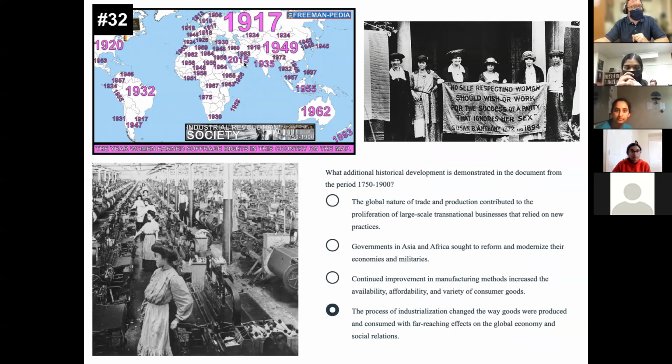That's Saudi Arabia. Not industrialized, not part of the spread of industrialization. And that's the very late sequencing of women's rights. So industrialization not only changes the way that goods are produced, but there's effects on gender or social relations.